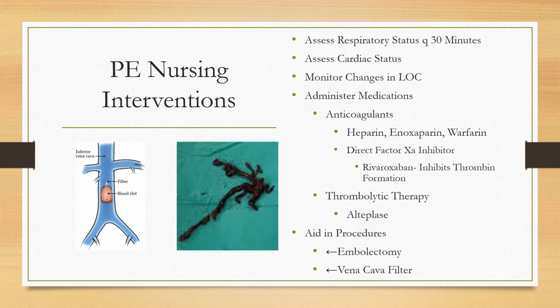So there's some evidence that if someone has a massive PE, a huge clot has traveled to the heart and is blocking the pulmonary artery, so there's very little blood that can leave the right ventricle to get to the lungs. So the person's going to be in big trouble. They're going to be hypotensive, tachycardic, in respiratory distress.